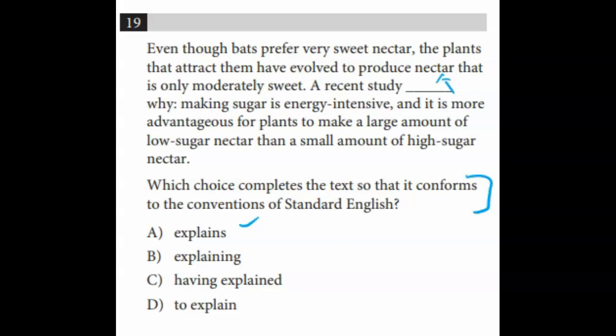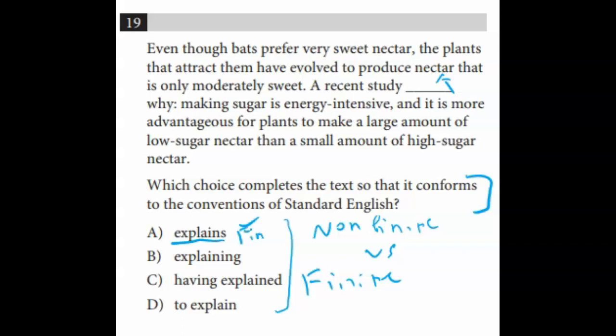That's how my brain reads it, but once again, looking at all these answer choices, this is going to be a non-finite versus finite question. And I've been seeing these repeat. So this is your finite, and the rest of these are non-finite.